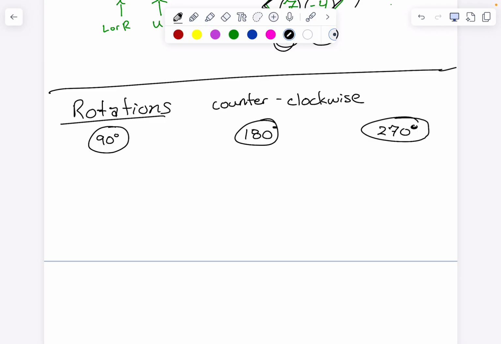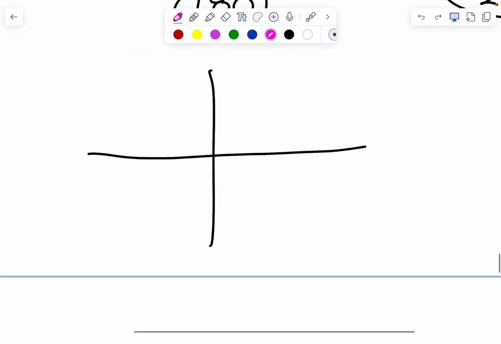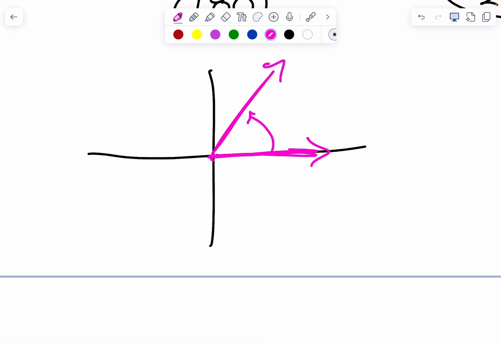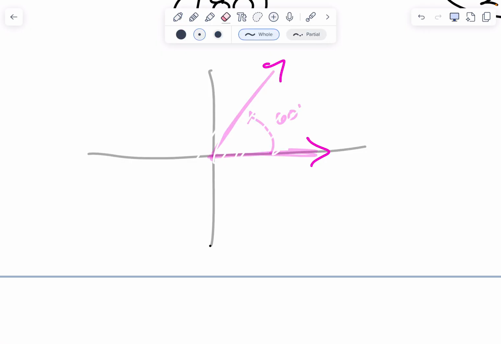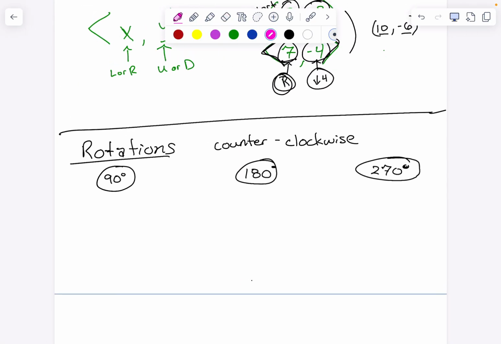Don't write this down, but when you're naming your quadrants, it goes 1, 2, 3, 4, counterclockwise. When we get to trig, and I think at the end of geometry too, we will start with an angle, like a 60-degree angle, and we rotate him counterclockwise. Okay, that is that, counterclockwise.